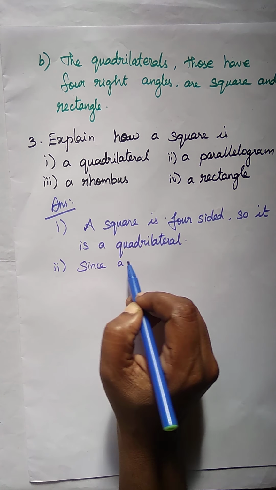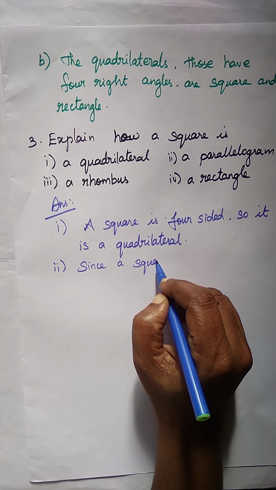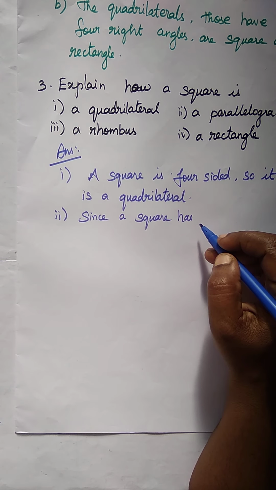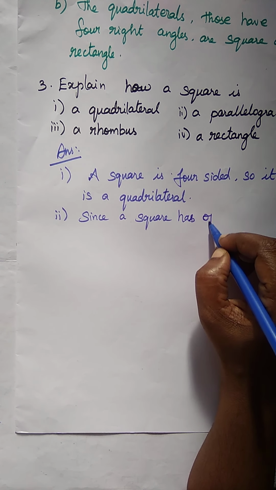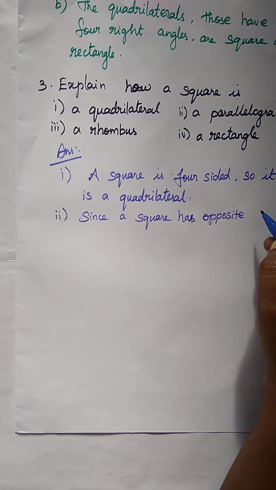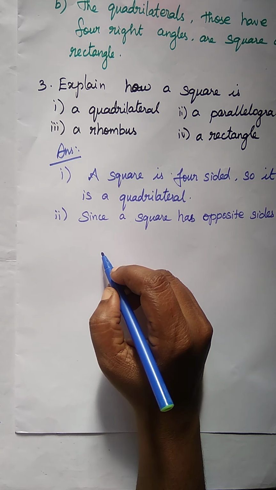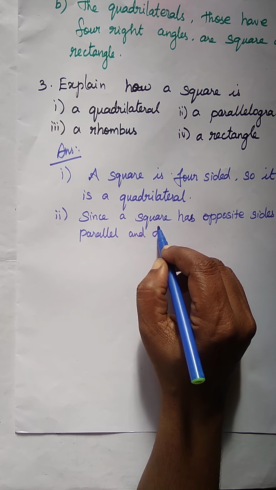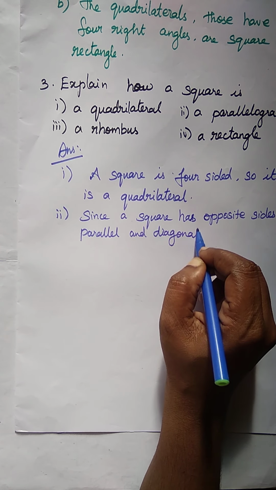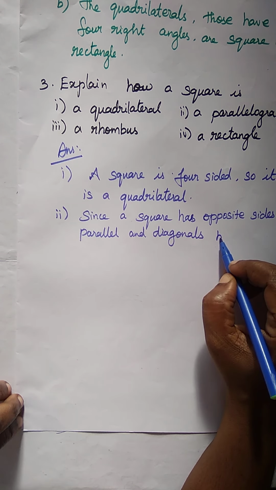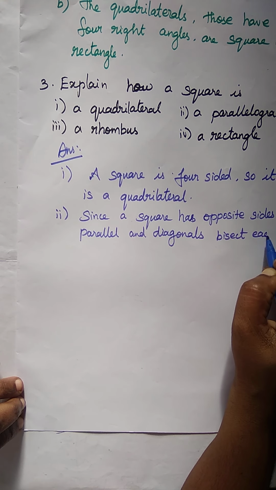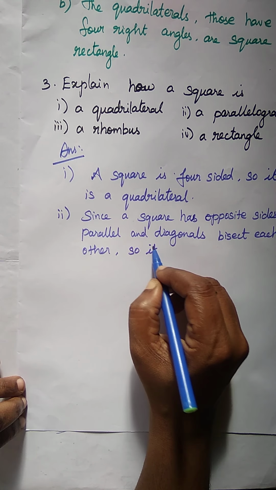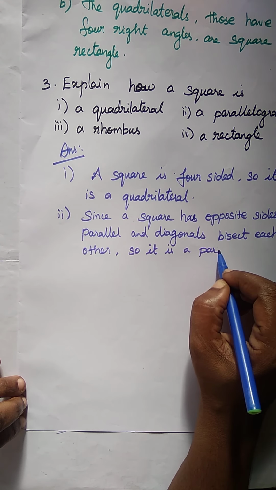Since a square has opposite sides parallel and diagonals bisect each other, it is a parallelogram.